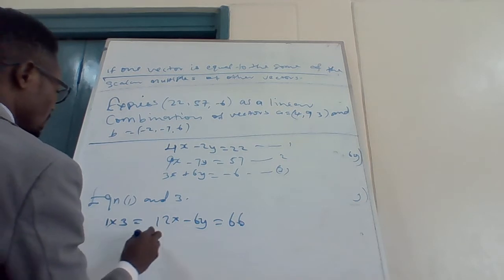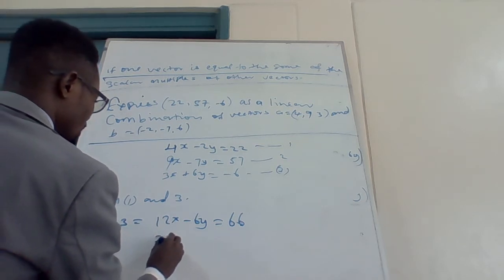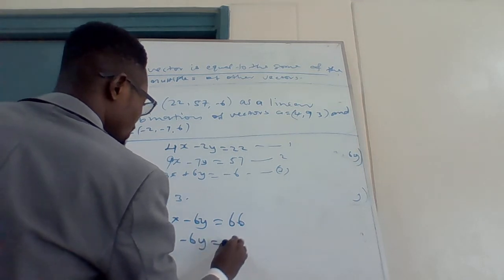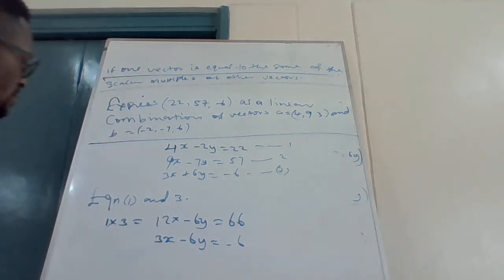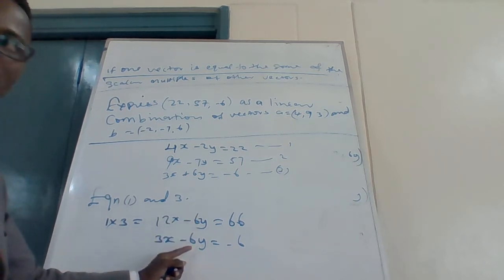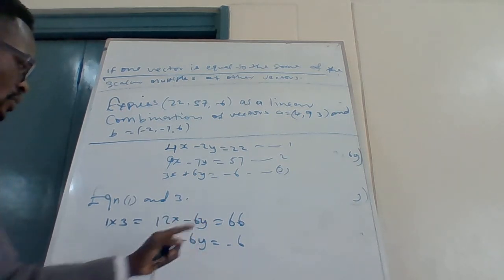And then we have our 3x plus 6y equals negative 6. So now we have the same values of y in equation 1 and equation 3.